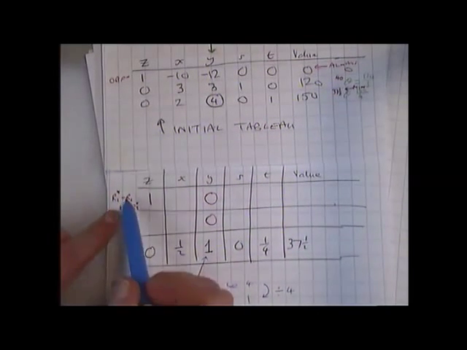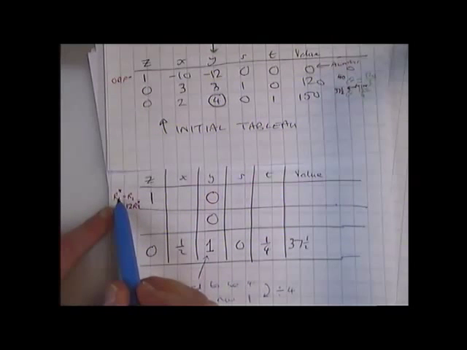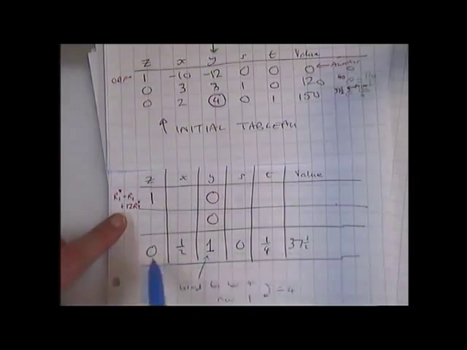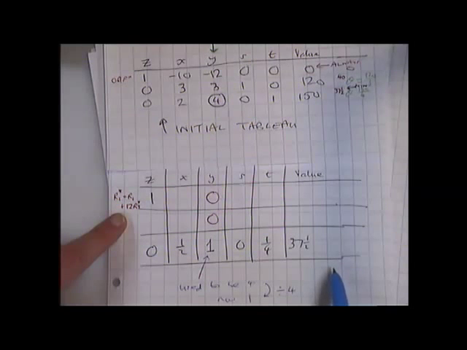The new row 1 is always the old row 1 plus some multiple of the row we did first in the new tableau. So it's not necessarily the third one? No, it's the first one that's in there. It's always the one with the basic column with the 1 in that row.